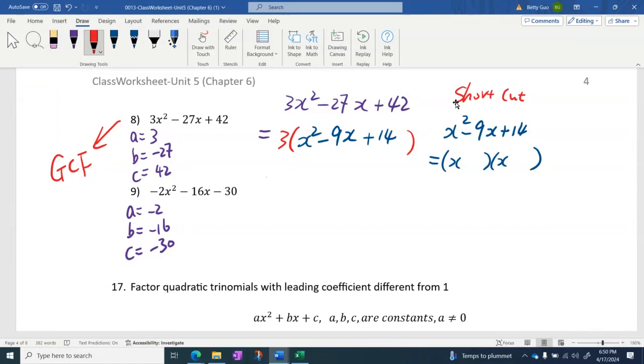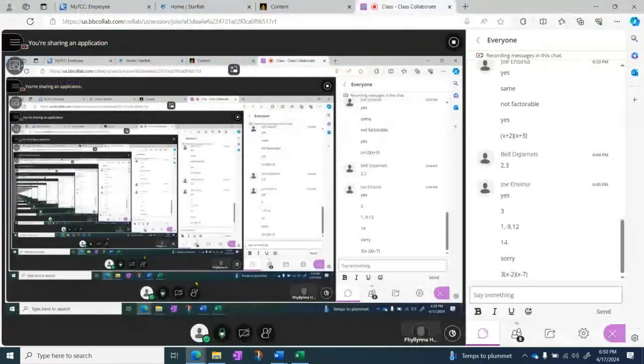Which two numbers multiply to 14, add up to negative 9? Negative 2, negative 7. Exactly. Awesome. Thank you, Joe. Negative 2, negative 7 multiply to 14 and add up to negative 9. Perfect.